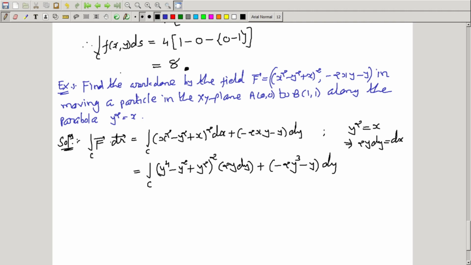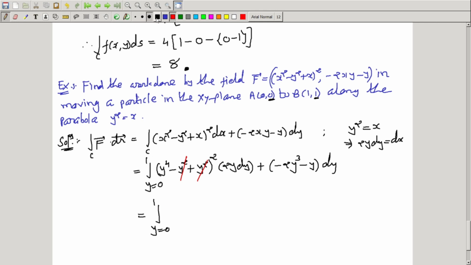I have to write the limit of y. So observe from 0, 0 to 1, 1. So y is from 0 to 1. So this is equal to integration from y is 0 to 1. This minus y square and plus y square will be cancelled out. So what we have, y raised to 4 square is y raised to 8 into 2y.